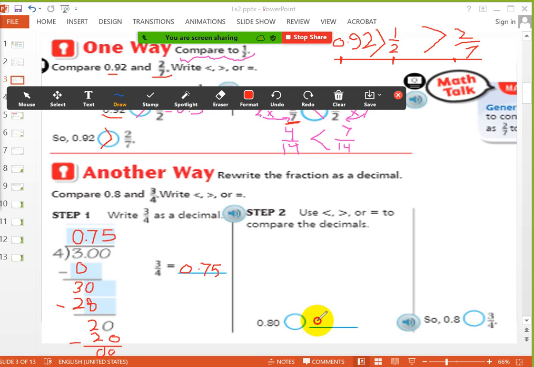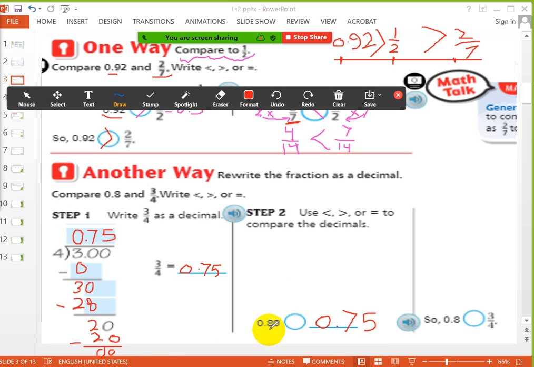Now, can I compare between this number and this number? Yes, I can compare between 0.8 and 0.75, right? How will I compare? Let's start our comparison from the left side to the right side. This is the ones digit: 0 and 0, the same.